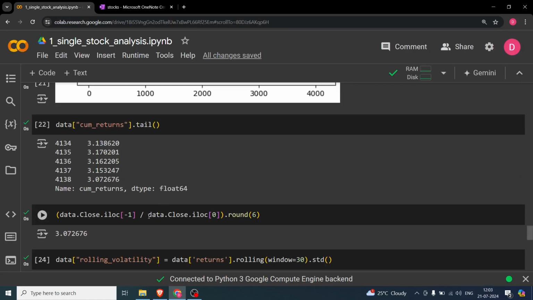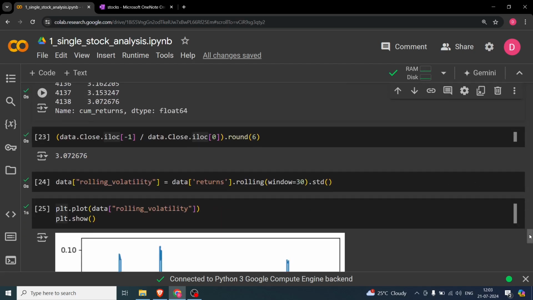So the price is data.close.iloc of 0, where 0 is the first, and we want to find the price on the last day, when we exited the stock market. The last day close price will be iloc of -1. If you divide that and round it to 6 digits, we get a return of 3.072676. Using the cumprod function also, you get the last day return as the same, 3.072676. So these two numbers are the same. That verifies it.